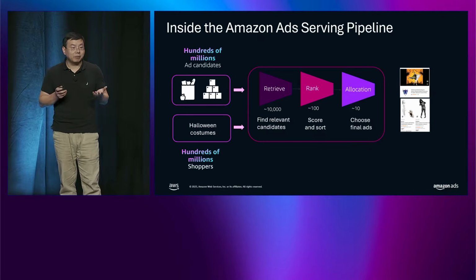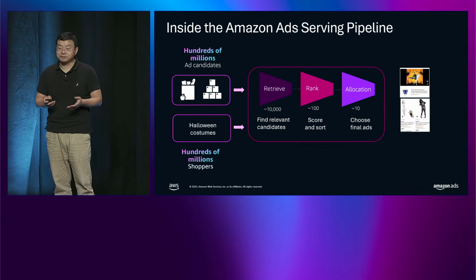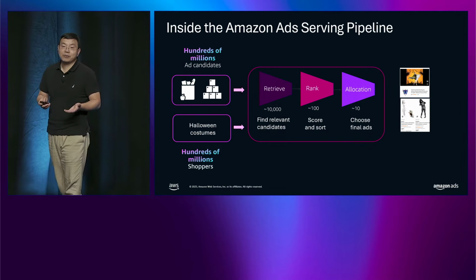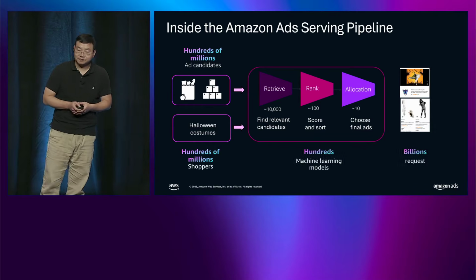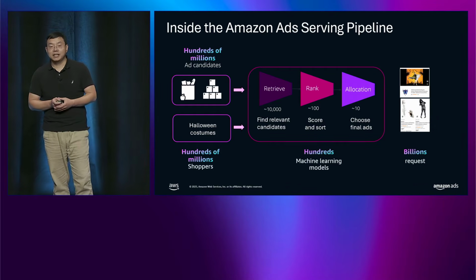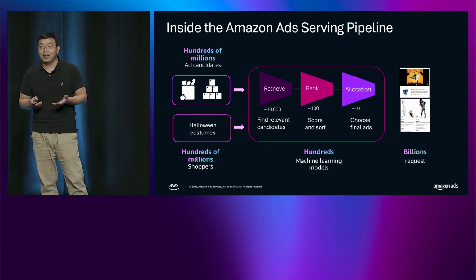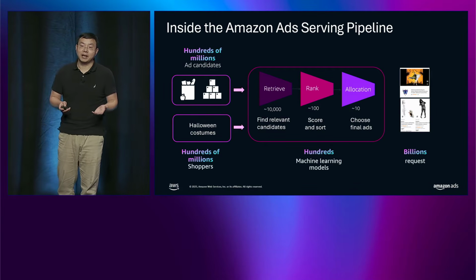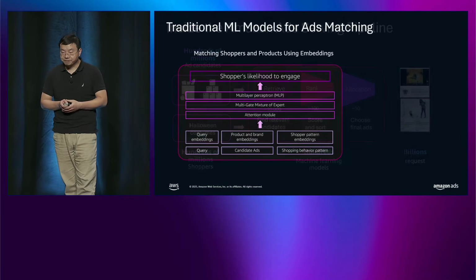We then use machine learning models to score these candidates and reduce to a few hundred. And then we finally select a few to present to the shoppers. On a daily basis, we need to process billions of such requests, and this experience is empowered by hundreds of models behind the scenes running in real time.